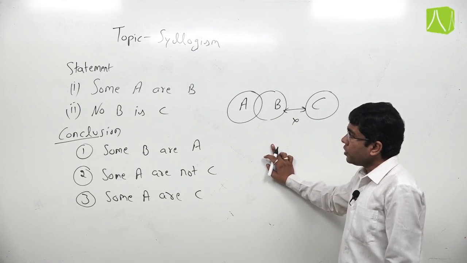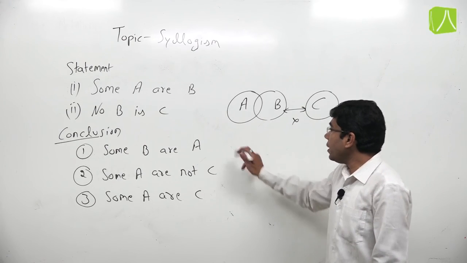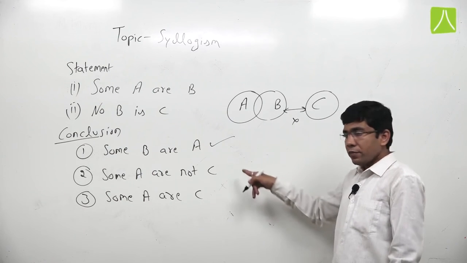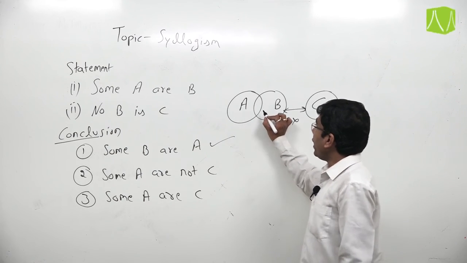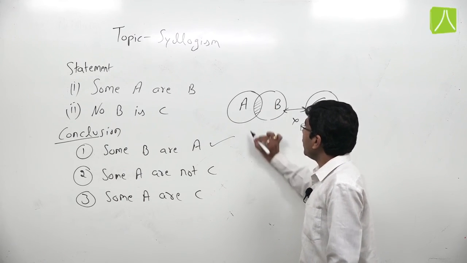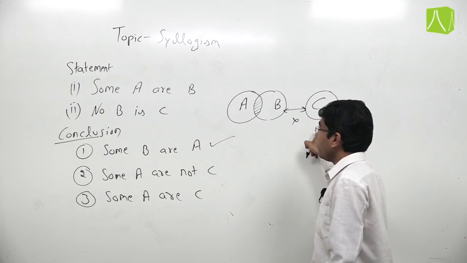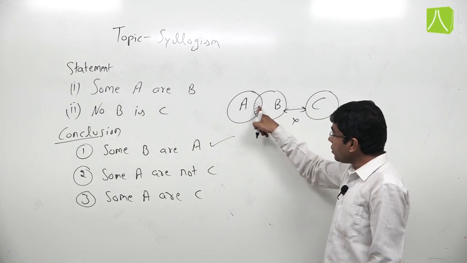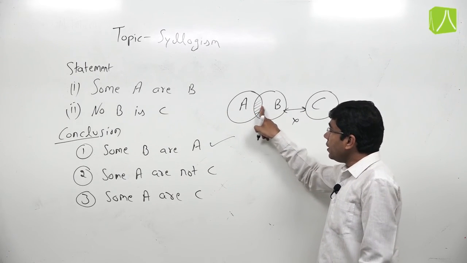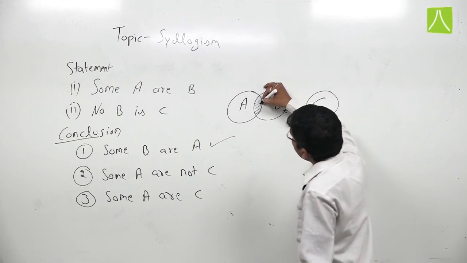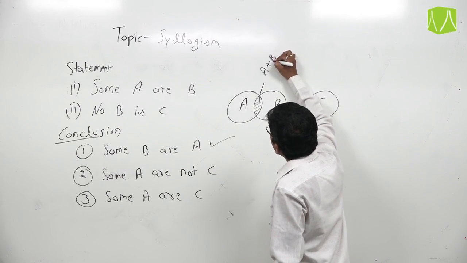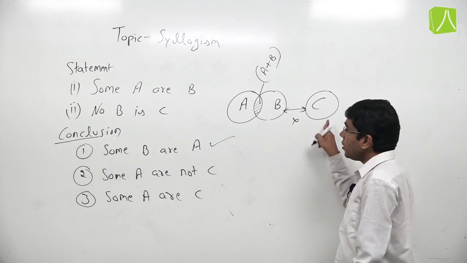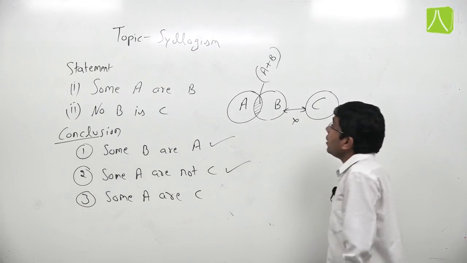Now condition, some A are B and no B is C, our diagram. First conclusion, some B are A, positive conclusion, B and A are connect, so first conclusion is correct. Some A are not C. Friend, in this we have to find the part of A which cannot be connected with C. Here we can easily say that A and B are combined, so with this portion A and B both are connect, so the A of this portion cannot be connected with C, so our conclusion number second is correct.